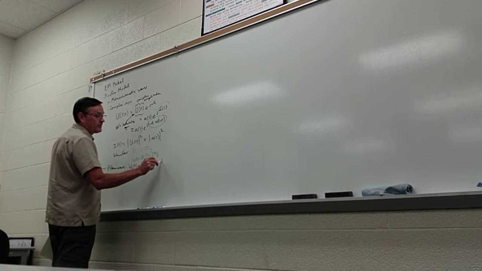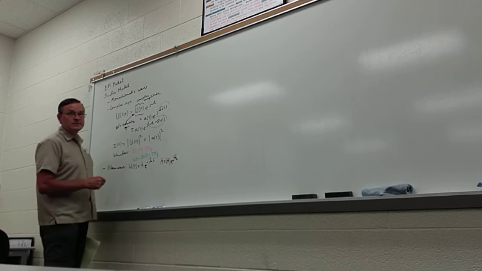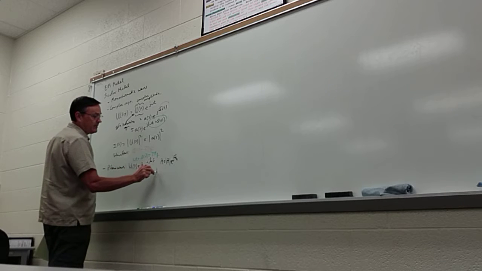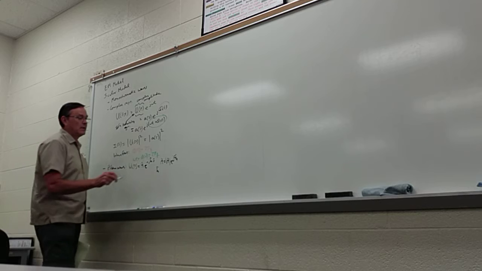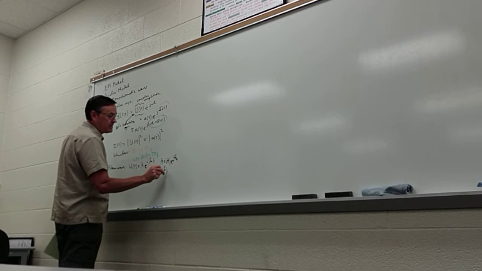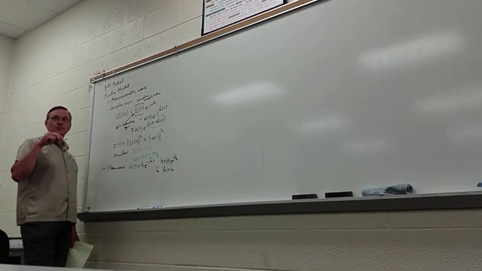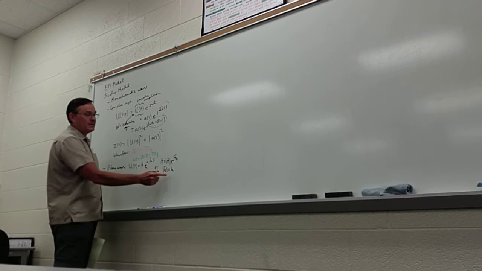So A is complex, so it has a magnitude, it has a phase. And then k, what do we call k? Wave number. Or wave vector. Wave vector. And the magnitude of k, we call that? Wave number. Wave number, yes, okay. So we have the wave vector, the wave number.